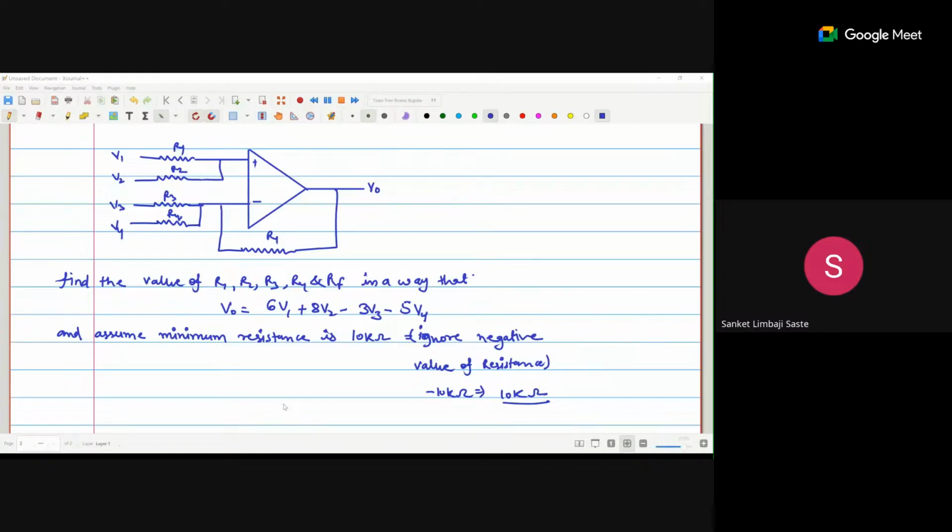Sir, the equations are not validating, sir. Which one? When we try to find the output voltage across V1 and V2, R1 upon R1 plus R2 is getting 8 by 9, and R2 by R1 plus R2 is getting 6 by 9, sir.